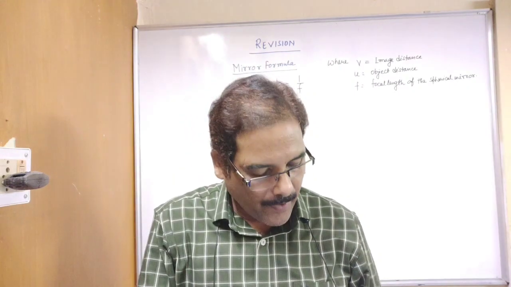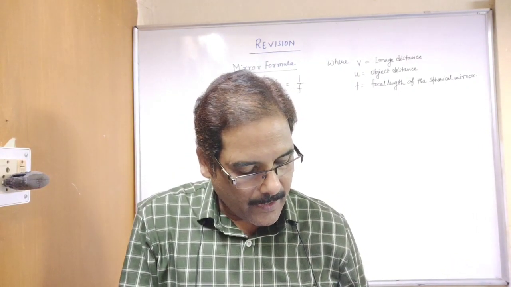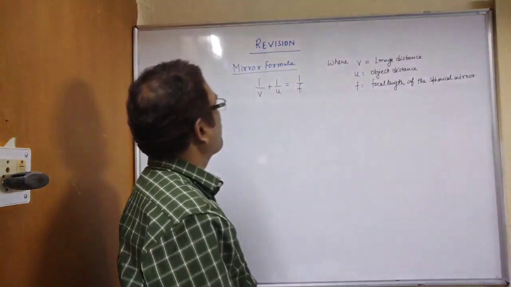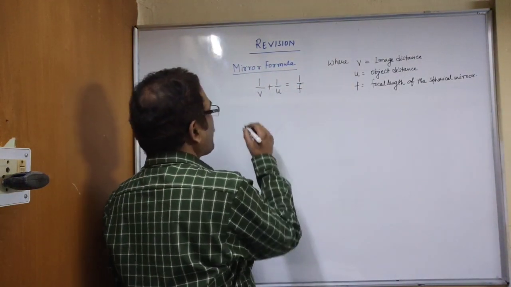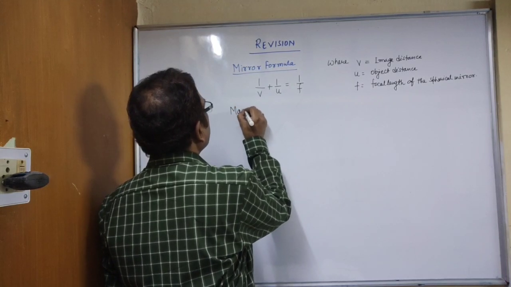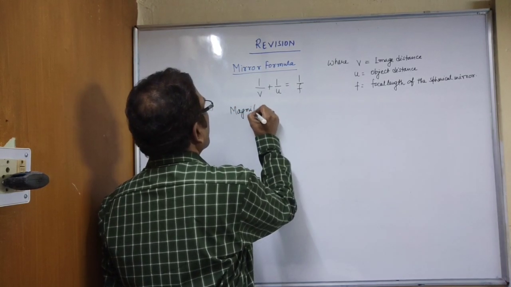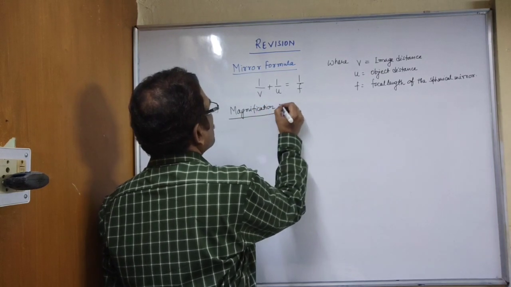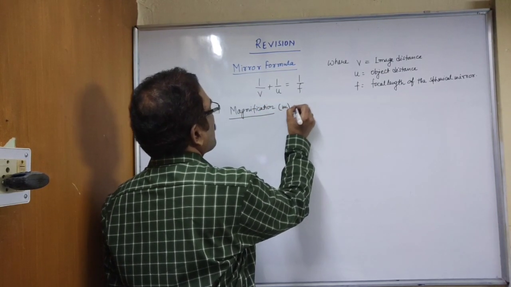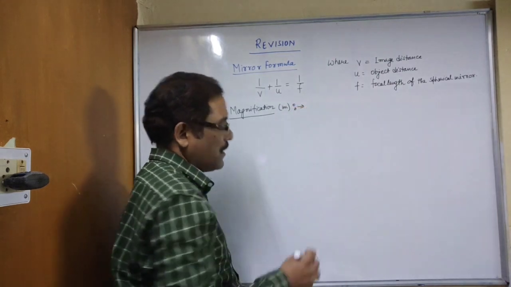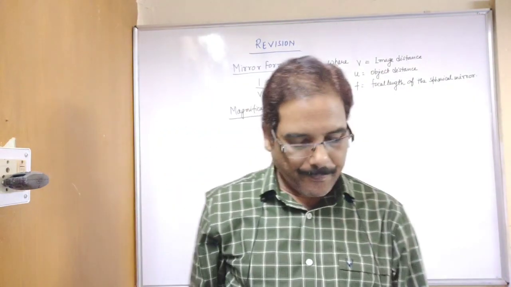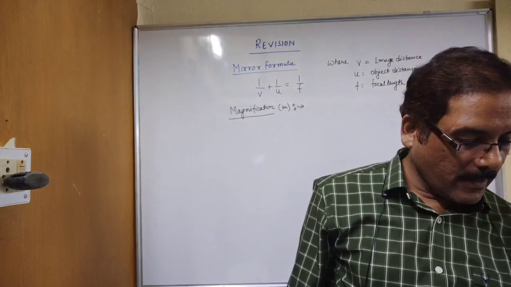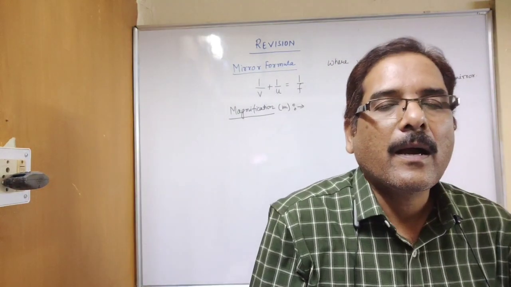Now another important thing is magnification. The symbol for magnification is small m, and magnification is simply a comparison.